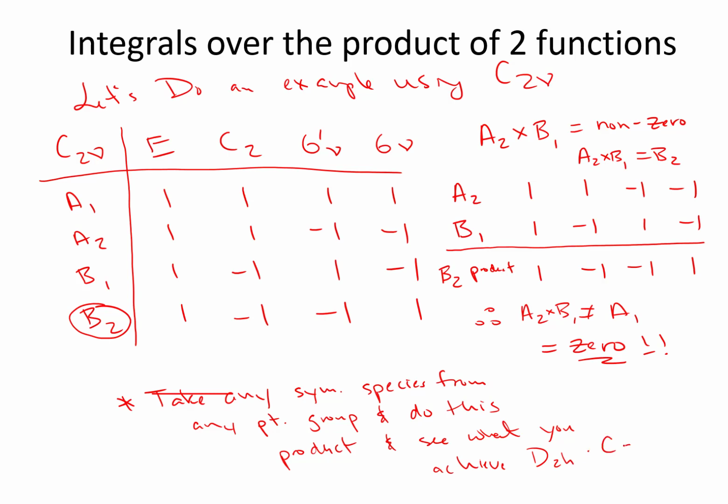D2H, C3V, it doesn't matter. Just go ahead and multiply these symmetry species and see if you can achieve A1. Go ahead and pause this video and do D2H or C3V for me. Spend that time and then come back and advance this screen.